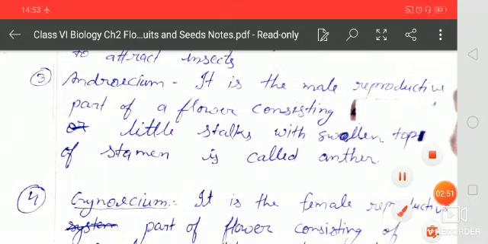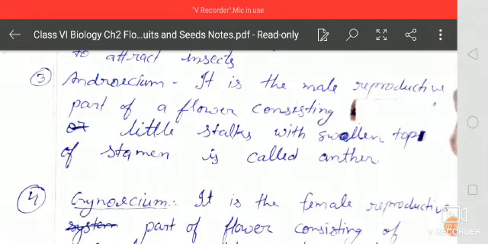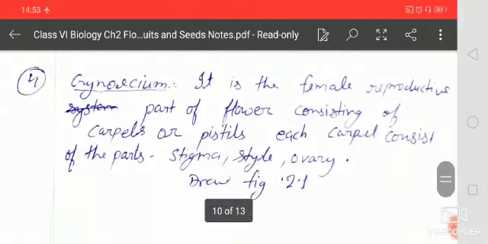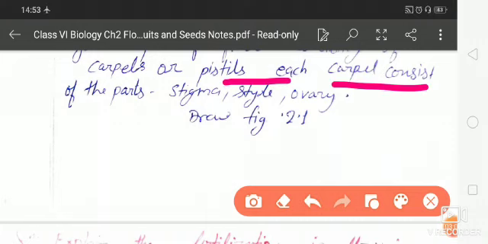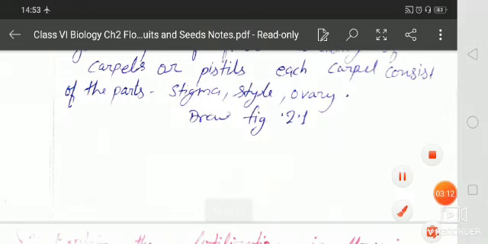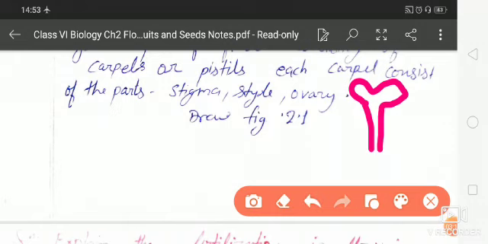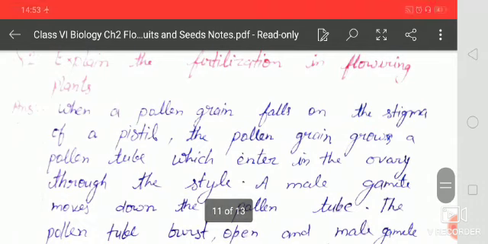It has a little stalk with a swollen top, the stamen, that is called the anther. Next one is gynoecium. It is the female reproductive part of the flower. It consists of carpels or pistil. Each carpel consists of stigma, style and ovary. You can see it in the figure. This upper one is the stigma, then the style, then the lower swollen part is called the ovary.